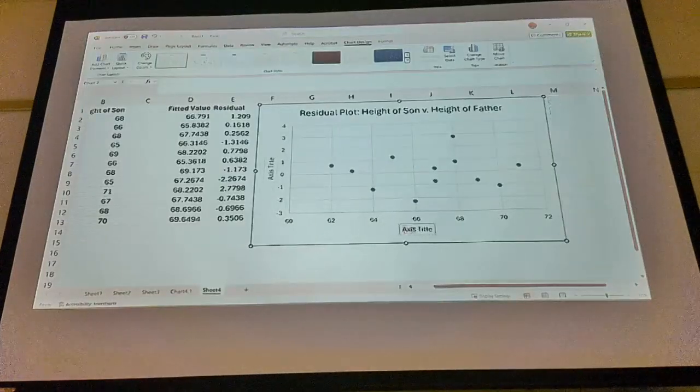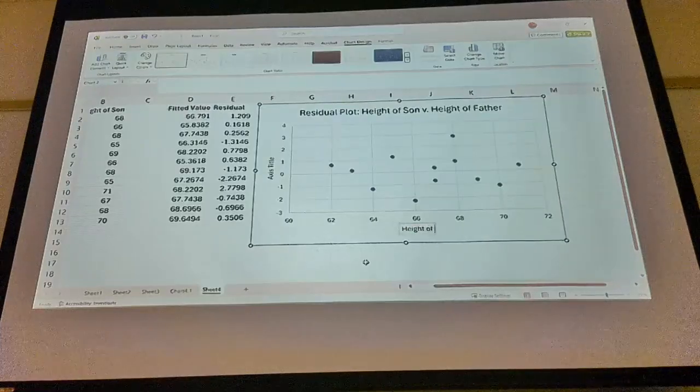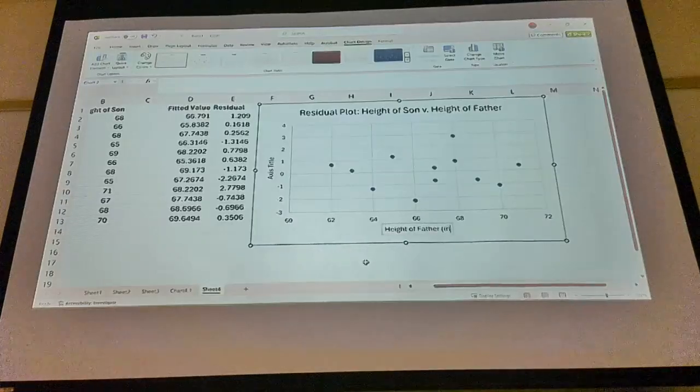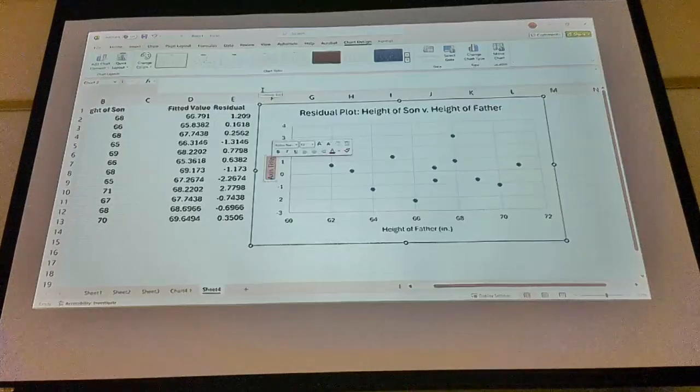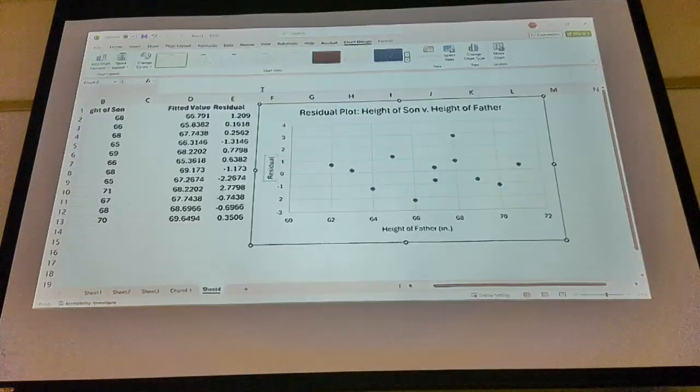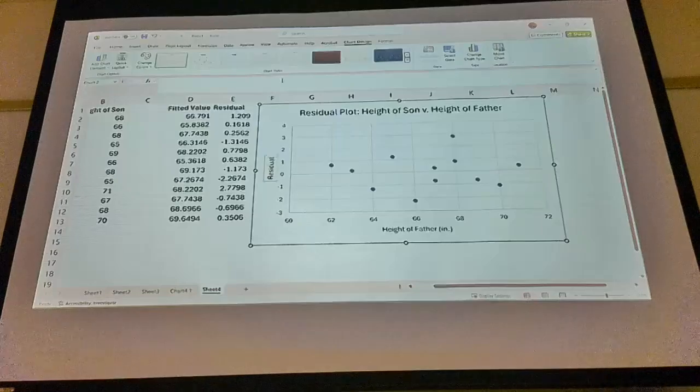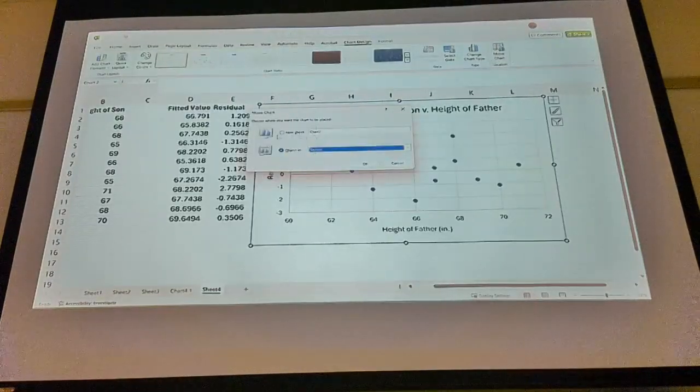Height of the father. And what does the vertical represent? The residual. Right, you plot the residual against the explanatory in a residual plot. And again, let's just move this. Let's call that chart 4.2.